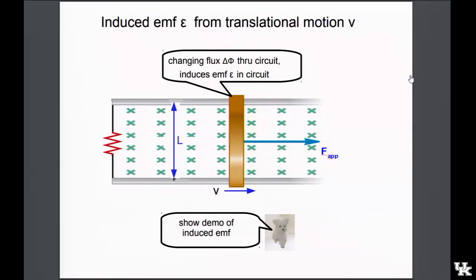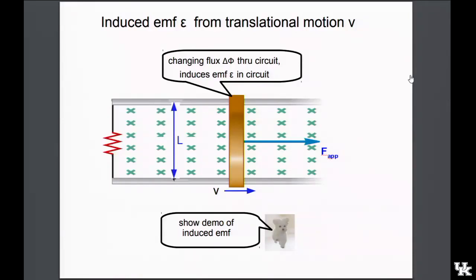So this is an arrangement, if I'm moving the rod along the rails, that actually creates an induced EMF. It creates an induced current, because the magnetic flux through the loop, as you can see, is going to change with time.